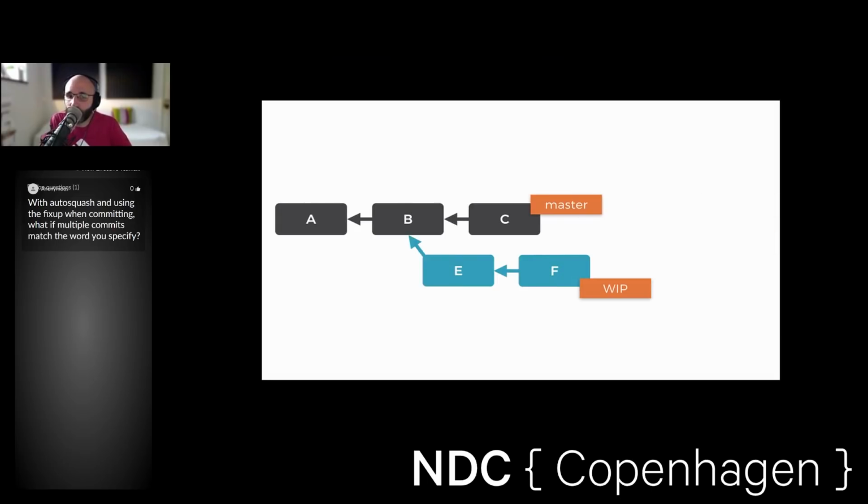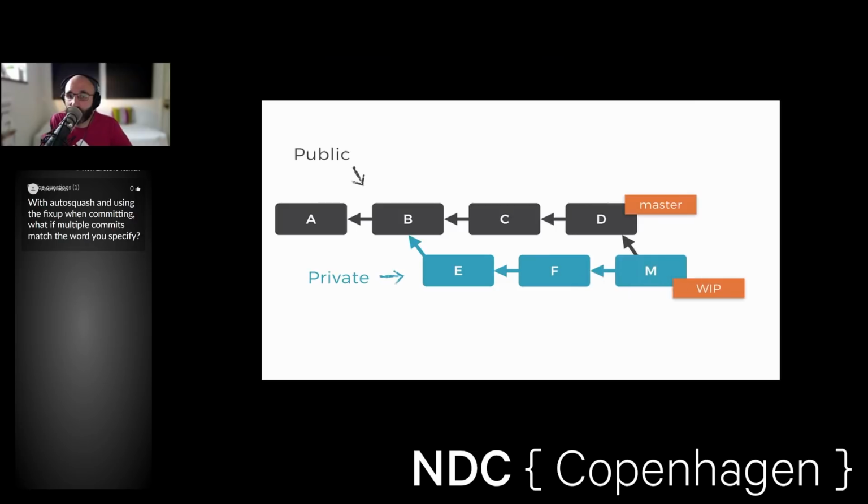By the same token, when you have a private branch that is a work in progress and you want to keep it updated with whatever happens in master, if you had done it through a regular merge commit, so you have a public and a private branch, then let's say that you have merged whatever came into master into your own private topic branch through a merge commit.